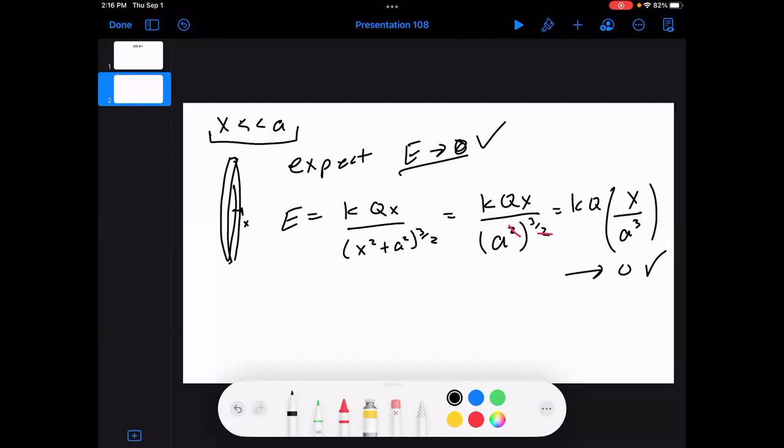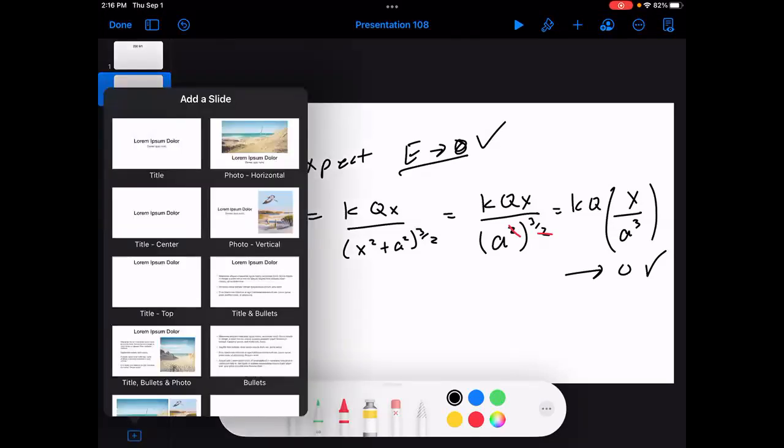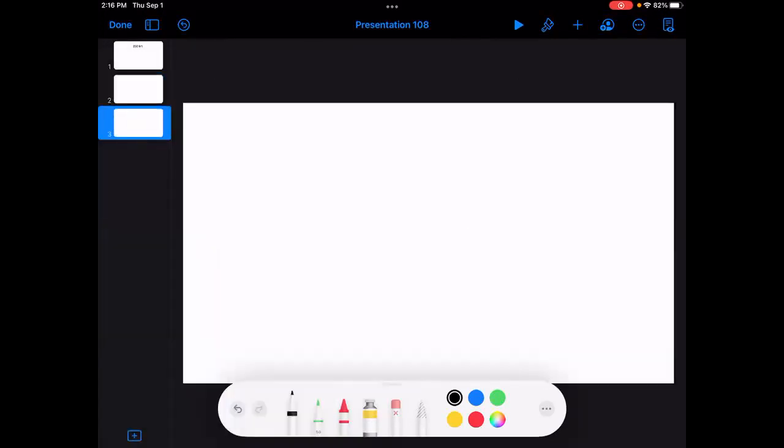What might another limiting case be? The opposite. Good answer. Where maybe X is much, much more than A. Okay, let's draw a picture of that. If X is much, much more than A, then this ring stops looking like a ring so much.